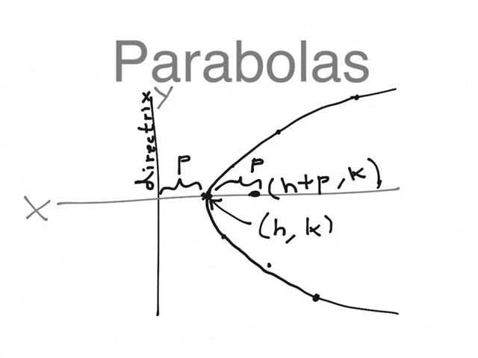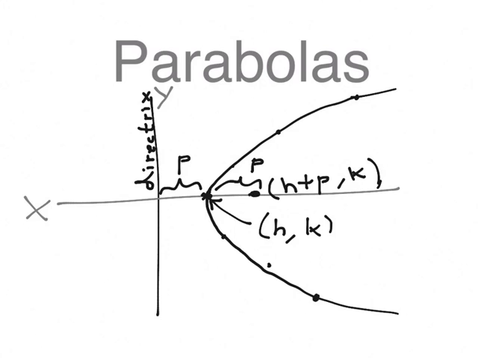And as for the directrix, well, it's not really a point, it's an entire line. So we just give it an x equals or a y equals that best describes it. And in this case, because our parabola opens left or right, that means we're going to have an x equals.